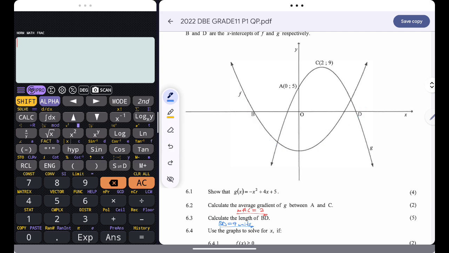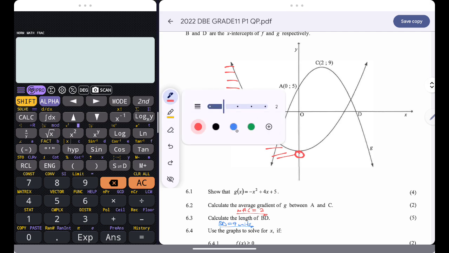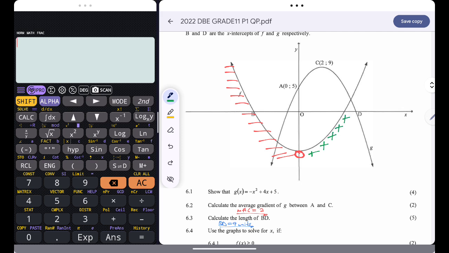The decreasing part I'll indicate with red color. Negative, negative, negative. Whenever my graph changes direction, it becomes 0, and then it becomes positive. Positive, positive, positive. Okay, and now let's check the graph of g.